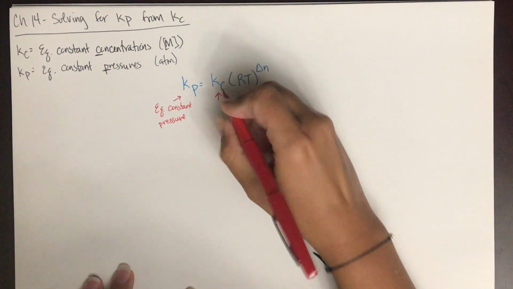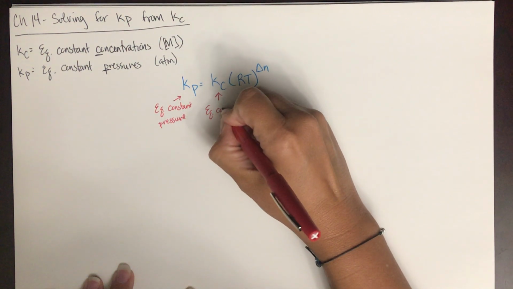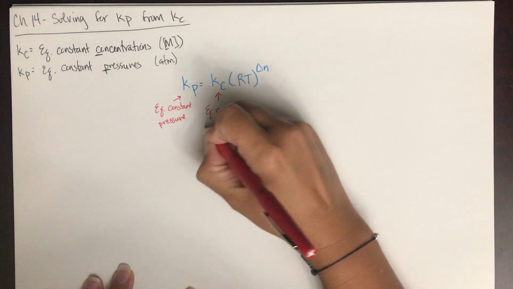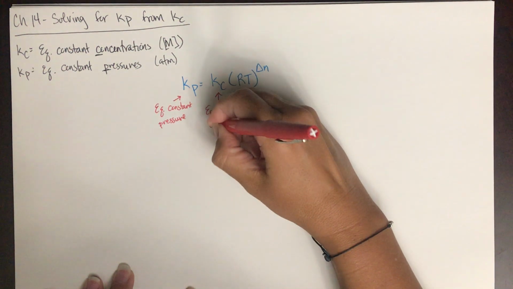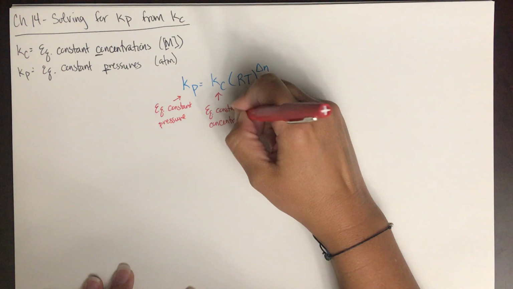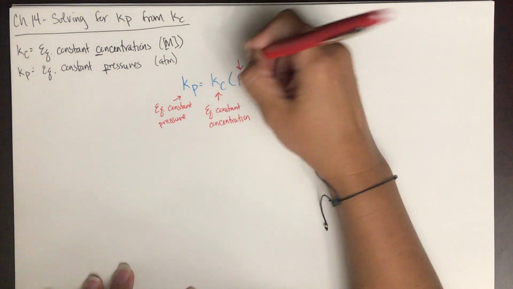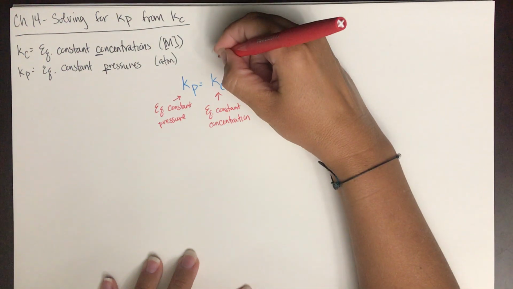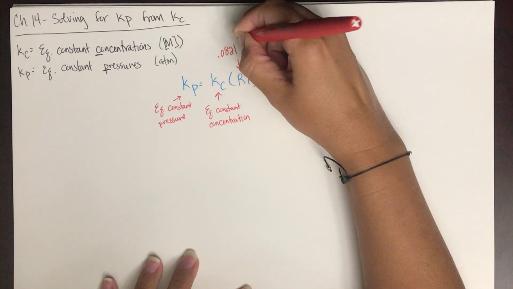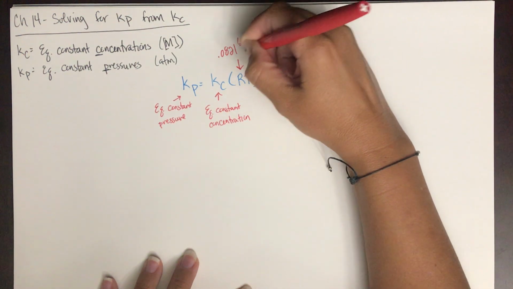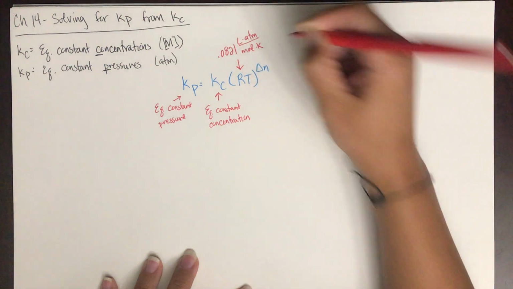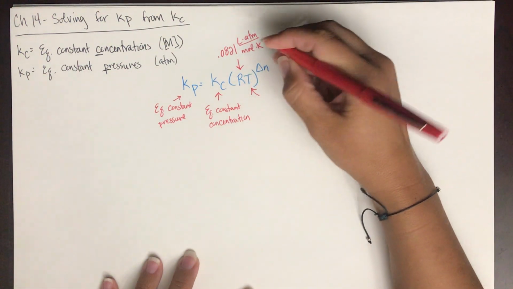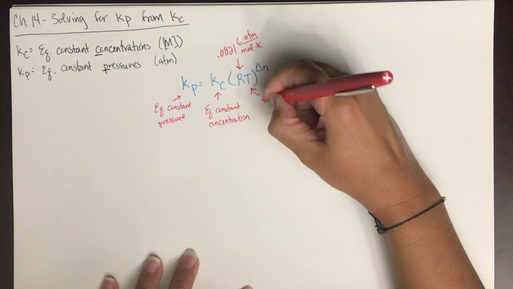The Kc, this is the equilibrium constant using concentration. R, this is the ideal gas constant, the universal gas constant, which is 0.0821 liter atmospheres per mole Kelvin. T, this is the temperature in Kelvin.